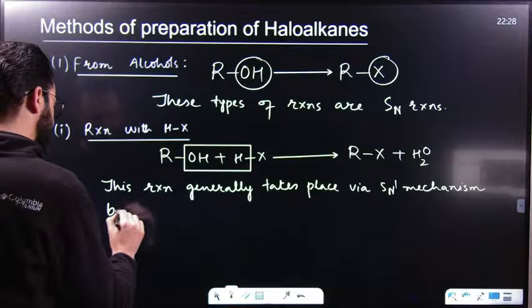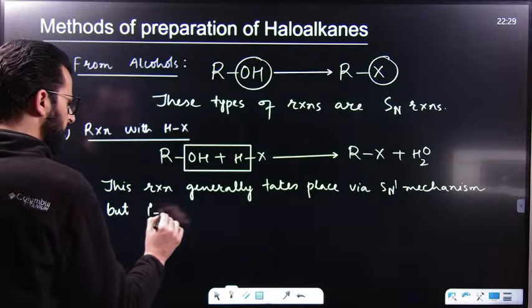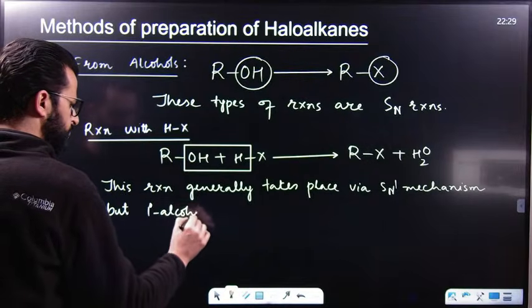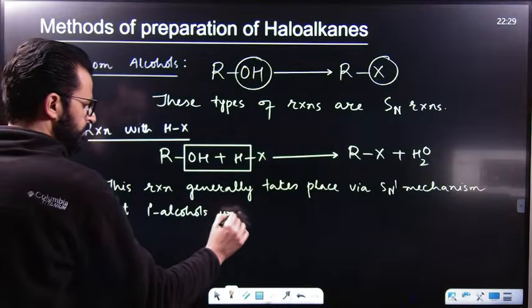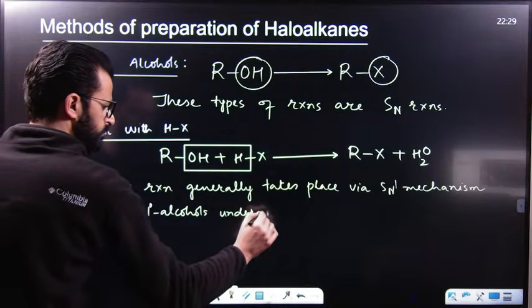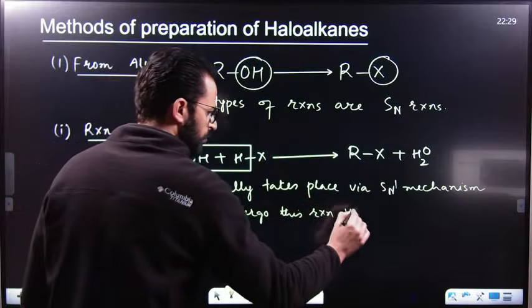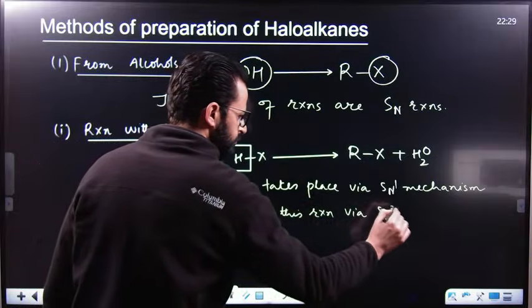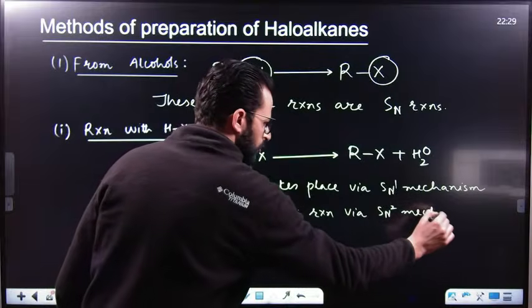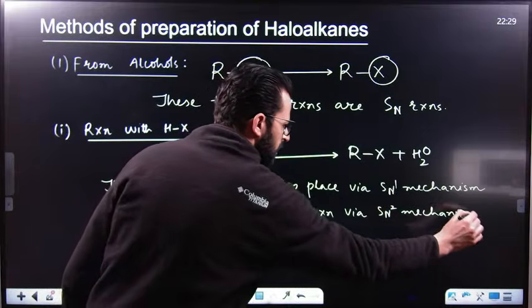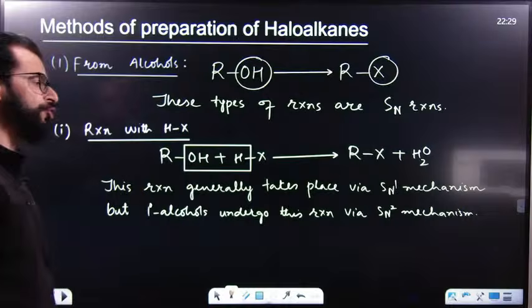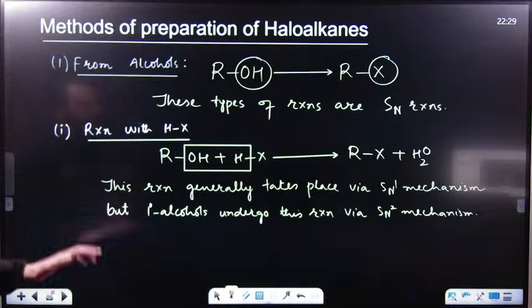But primary alcohols undergo this reaction via the SN2 mechanism. So only primary alcohols can show this reaction via SN2, but other alcohols generally show this reaction via SN1.